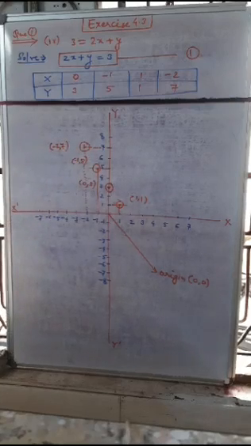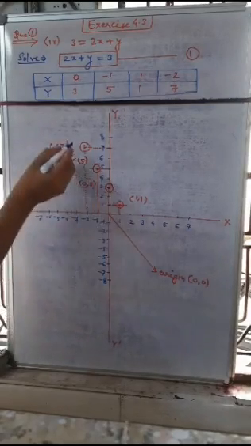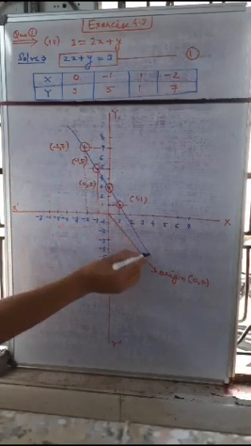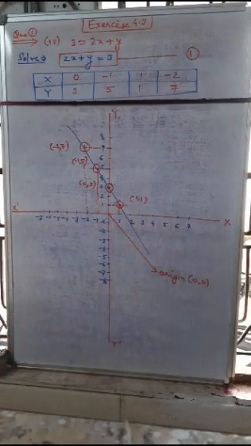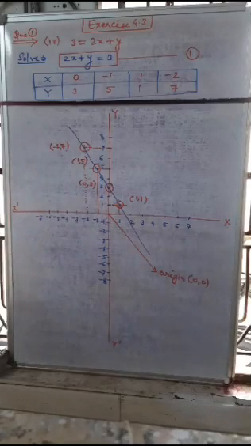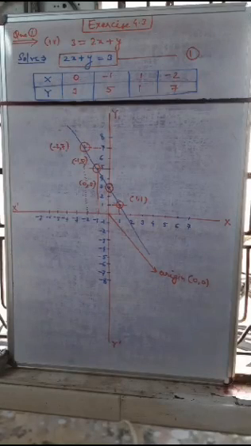At the end we will join these points to construct a straight line. So similarly we will draw these points to construct the straight line, and this is the graphical representation of a linear equation.